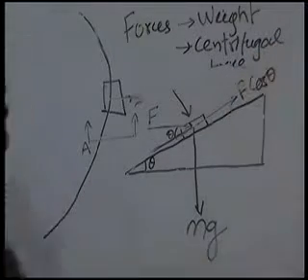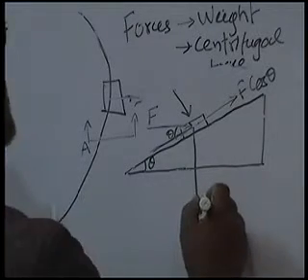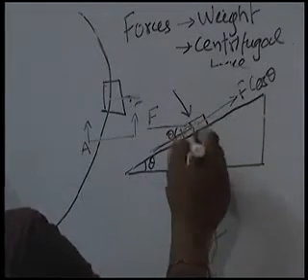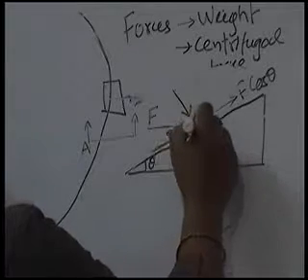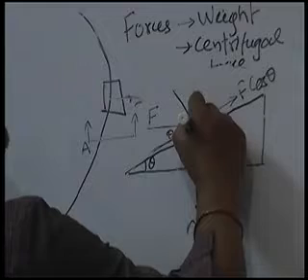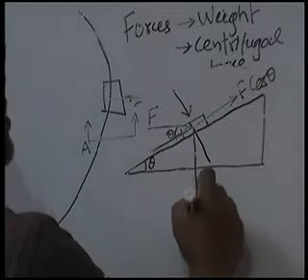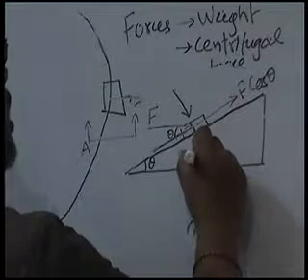And the component of mg along this: let us make this hypotenuse mg, and this will be theta.